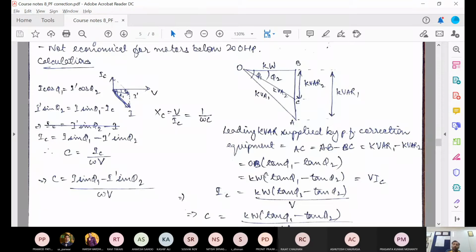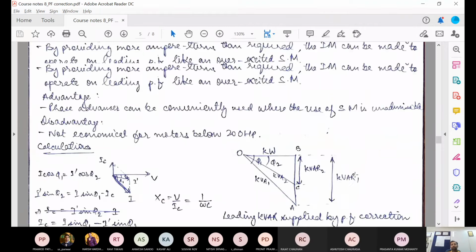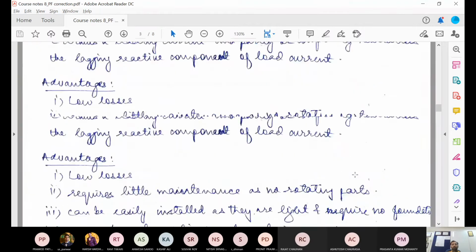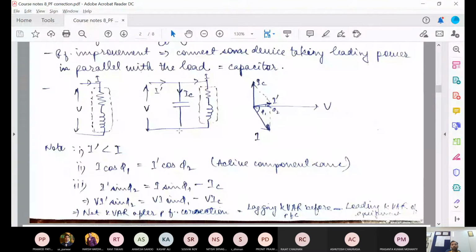Now any power per se is basically the voltage into current, and because the capacitor has voltage and current at 90 degrees to each other, this entire quantity is a reactive power. So this reactive power which is being supplied by the capacitor, we can write equivalently as V into IC, the voltage across the capacitor multiplied by the current through the capacitor.